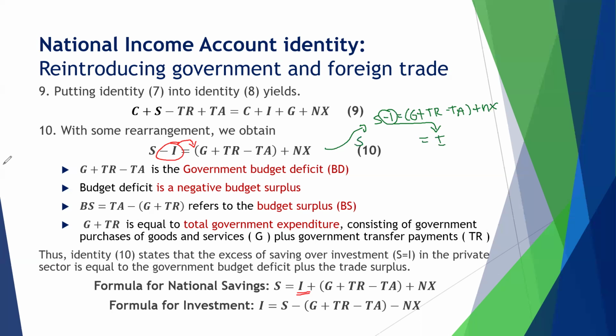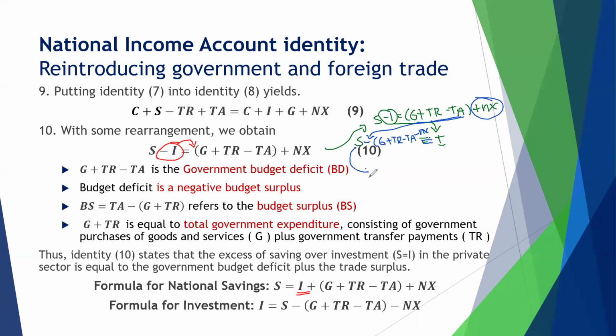Then here, the G plus TR minus TA is actually transferred on the other side. Of course, they will become negative. So negative parenthesis G plus TR minus TA. Then also I transferred net export here. So it becomes negative net export. So here it is equivalent to investment.